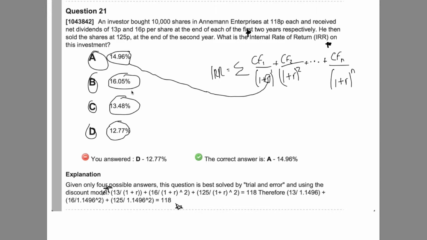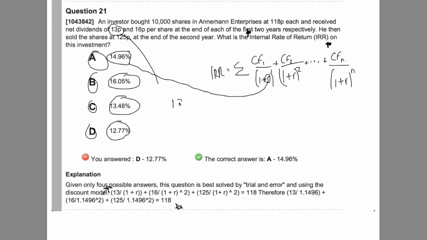So 14.96, 16.05. Now we're going to use the correct answer in this particular scenario. We're going to look at the cash flow in year 1, which was 13 pence.